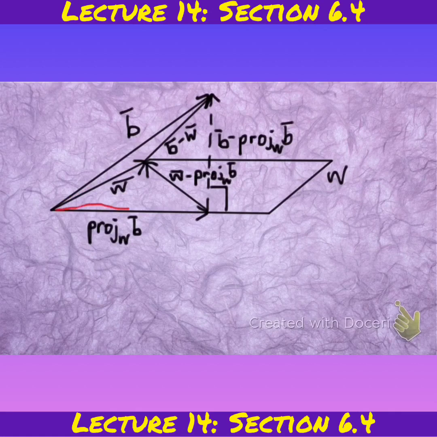This vector here is the orthogonal projection of b onto W. This vector here is b minus the projection of b onto W, which is that orthogonal vector there. And this vector here is a vector in the subspace W, and it is w minus the projection of b onto W.